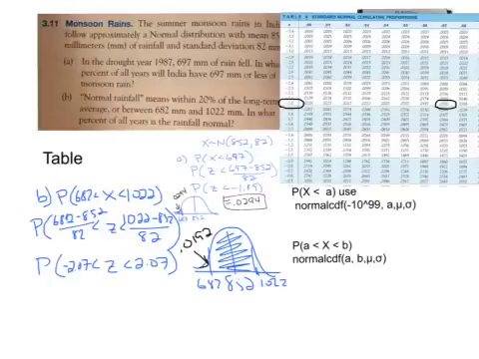And since it is symmetric, this would be the area to this tail, and it'll also be the area of this tail, because to the right of 2.07 is going to be the same as to the left of negative 2.07. And I end up getting those two areas. So how would I come up with the area in between? Well, there's two ways to look at it.